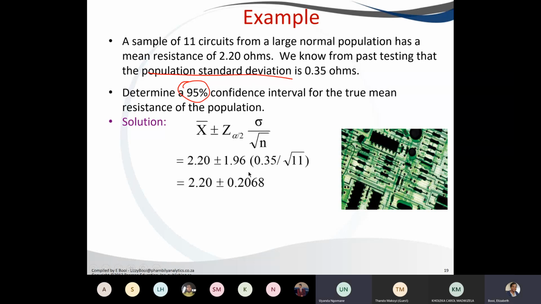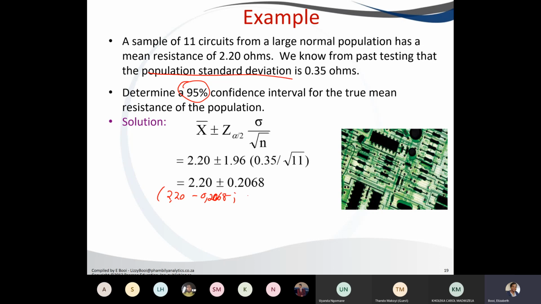You solve the values after the plus or minus: 0.35 divided by the square root of 11 multiplied by 1.96 gives us 0.2068. We split the two. Before I show you the answer, we split the 2 in terms of 2.20 minus 0.2068.